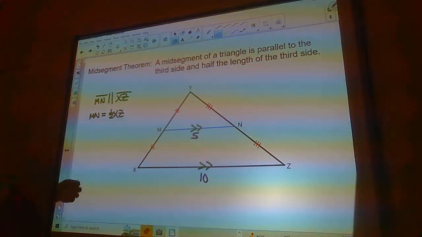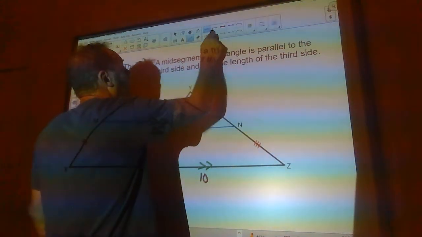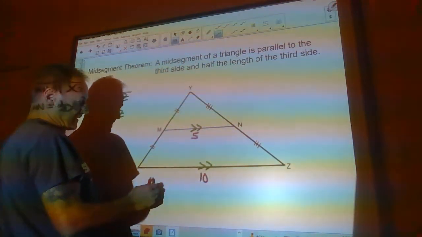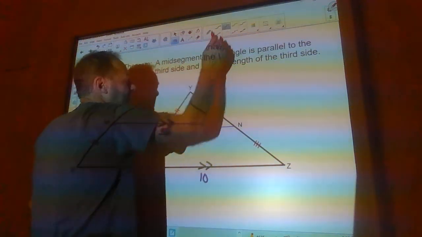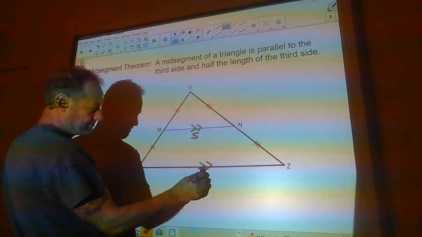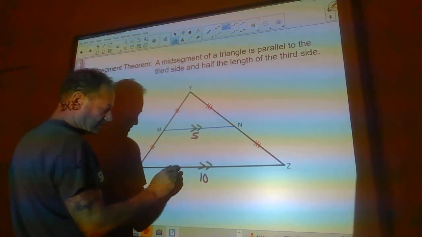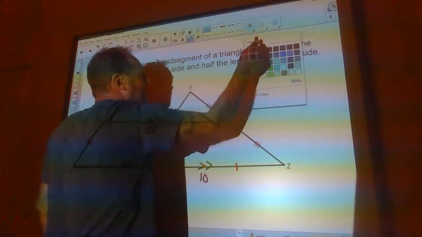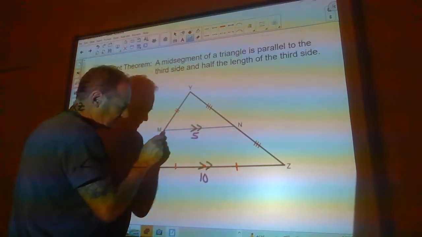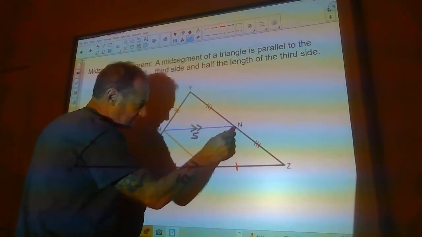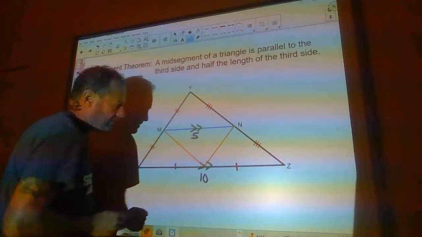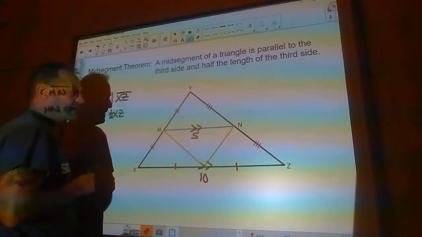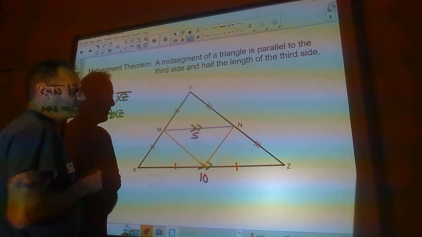Actually, what happens is you can see that if you find the midpoint of this side, say right about there, so that this is equal to this, and then you connect this to make the 3 midsegments, what you end up getting is 4 congruent triangles inside here.